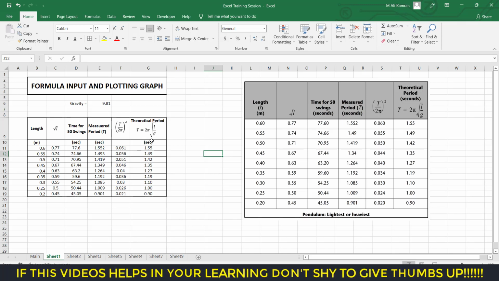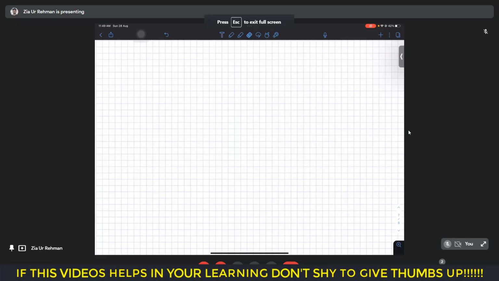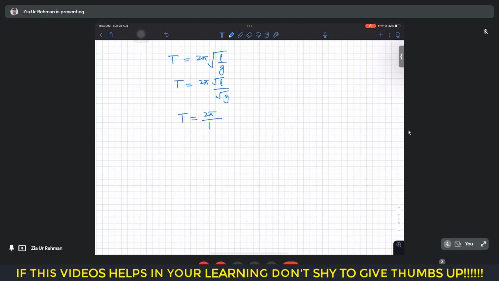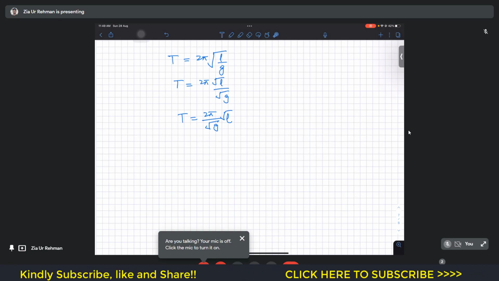Since we know that T is equal to 2 pi square root of L divided by G, we can say that T is equal to 2 pi square root of L divided by square root of G, and we can write this as 2 pi divided by square root of G, into square root of L. Now if we remove this equal sign and this constant, we will have the constant of proportionality.